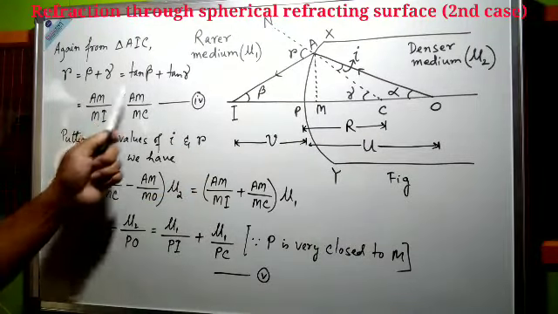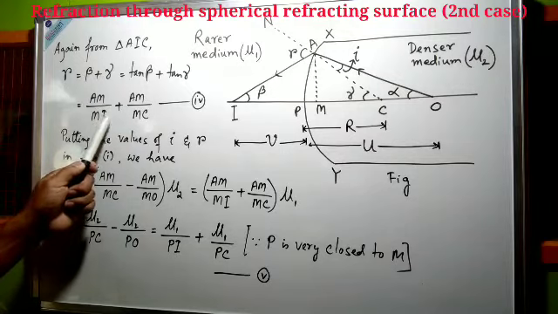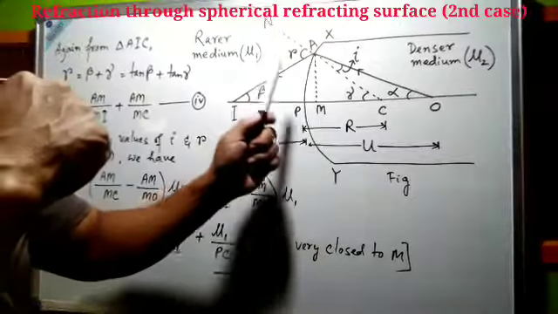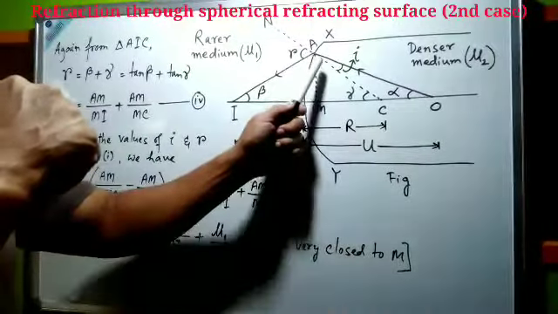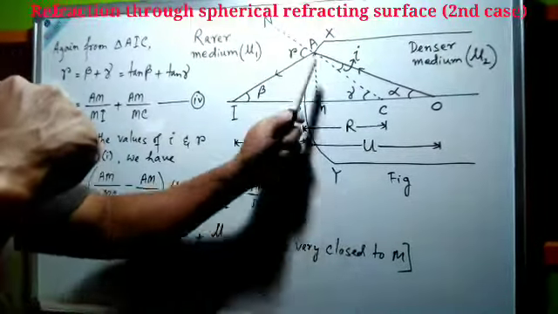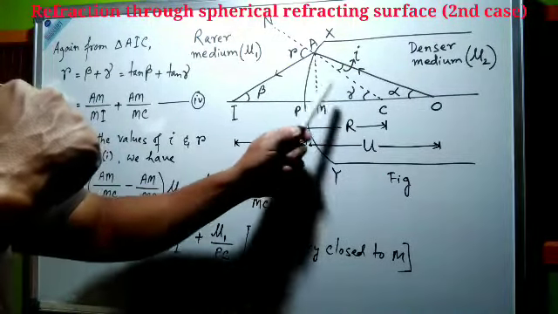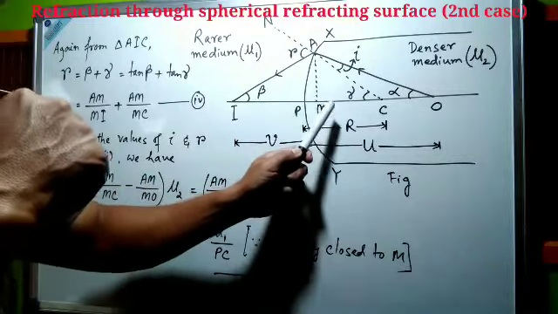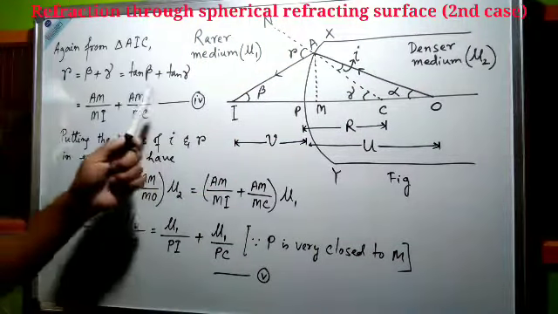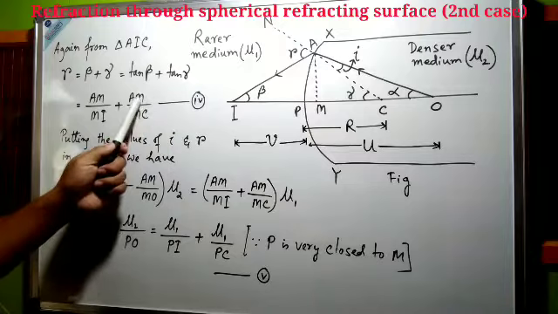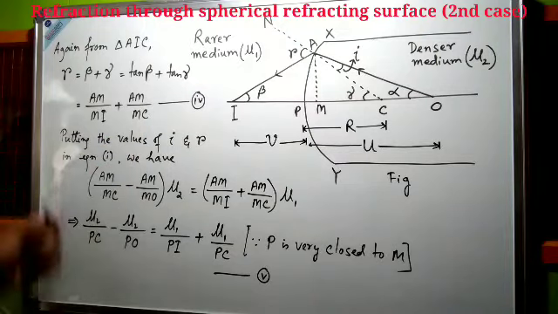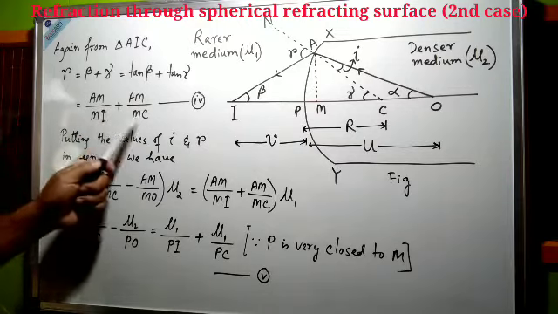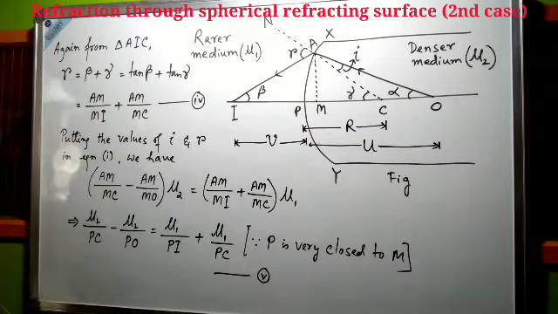And let us take another right triangle containing angle gamma. So it should be triangle AMC. So from this right triangle AMC, tan gamma equal to perpendicular AM divided by base, that is MC. So we may write like this: tan gamma equal to AM by MC. So finally angle R equal to AM by MI plus AM by MC, and write in equation number 4.